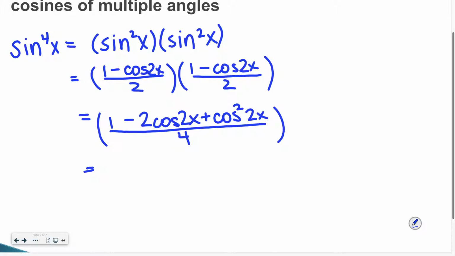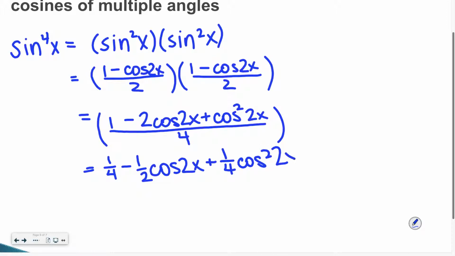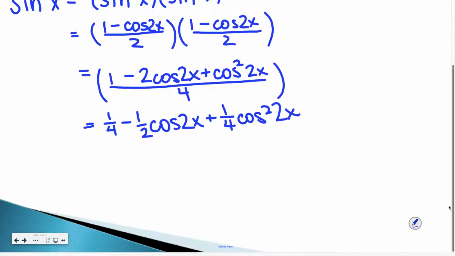This is 1 divided by 4 minus, what's 2 divided by 4? 1/2. Right? Okay. Plus 1/4 cosine squared 2x. But we just mentioned that we can't keep cosine squared, so we're going to have to replace it, right?